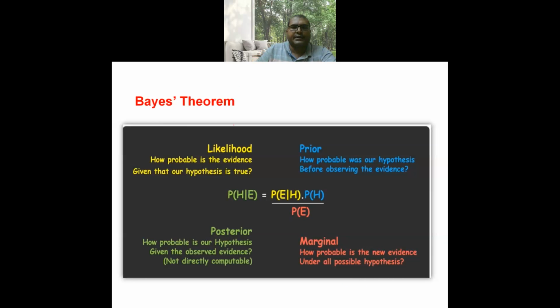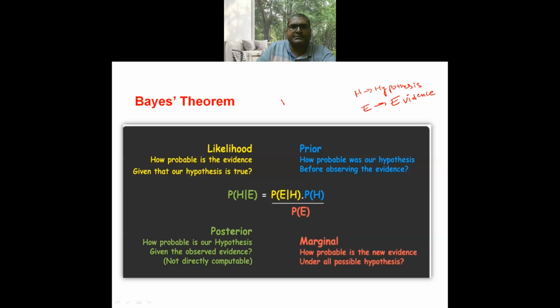Bayes theorem. Bayes theorem is based on conditional probability. Here, H is hypothesis. Hypothesis means estimated output. E stands for evidence.